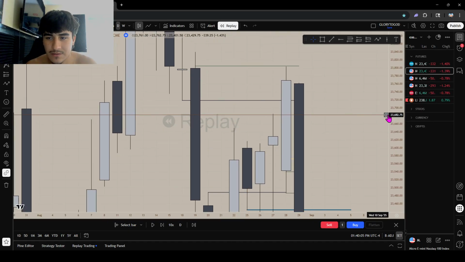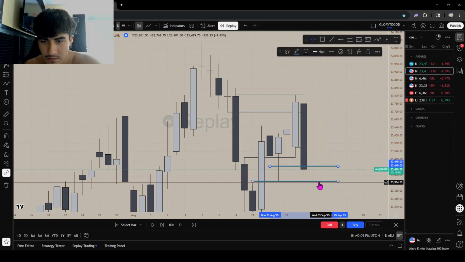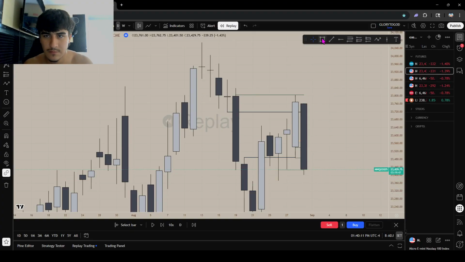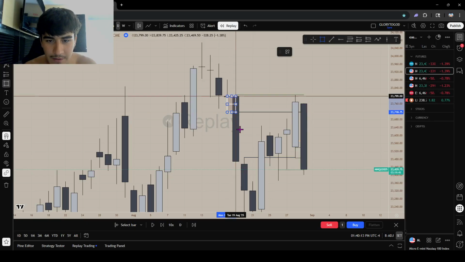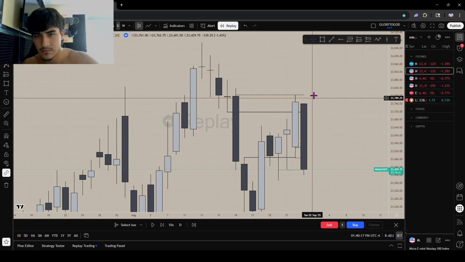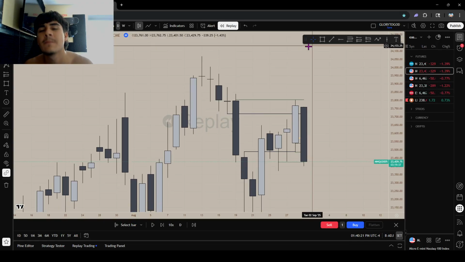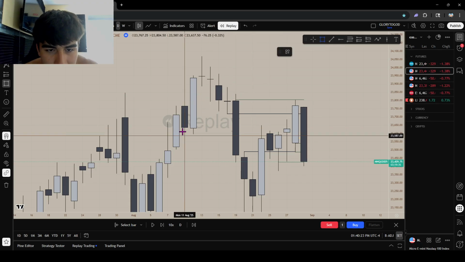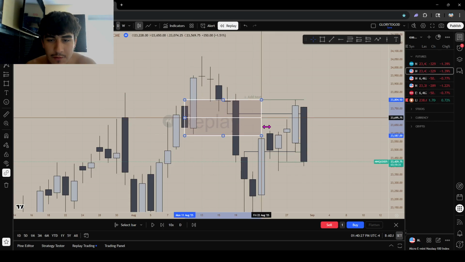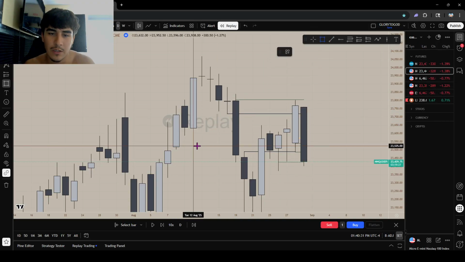Now, if you look at this, this is a bearish fair value gap that probably needs to be filled. Now, we have this bearish order block, well, actually, breaker block.